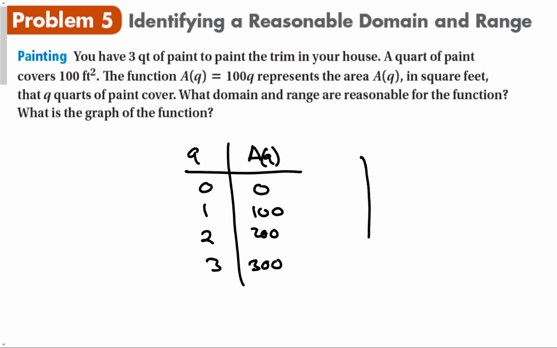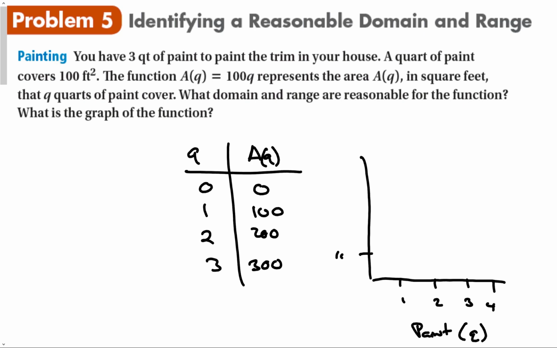If I want to graph this function, table graph, let's make it a little straighter. Okay, so we got 1, 2, 3, 4. That is going to be paint, okay, in quarts.